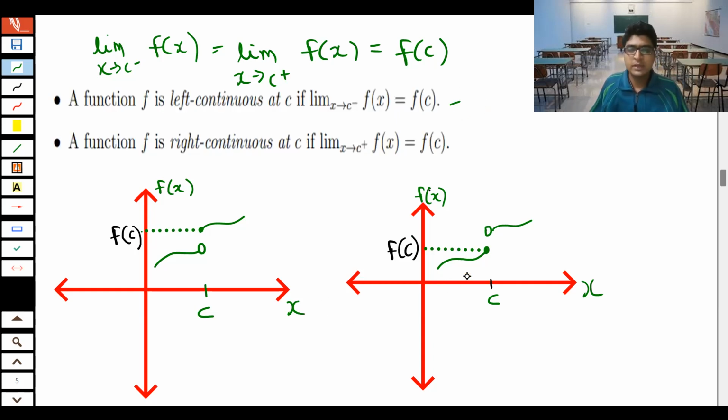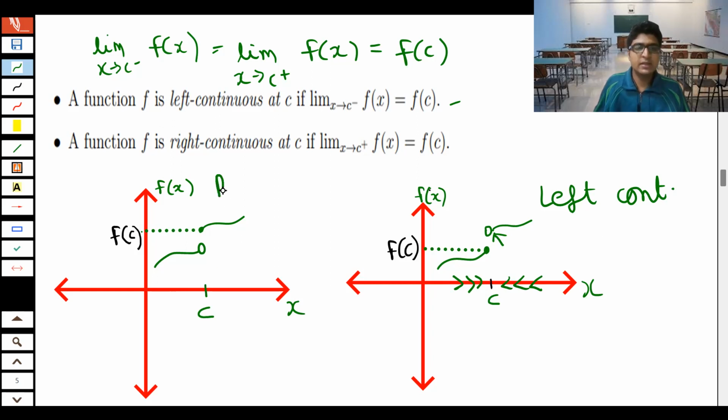So this is a left continuous function. How? When you approach this from the left, it approaches the same value as f of C, and then if you approach it from the right, you are somewhere here, which is not equal to f of C. So this is left continuous.